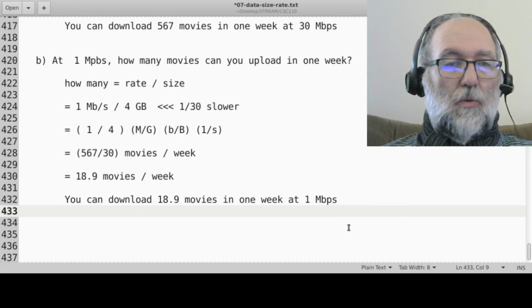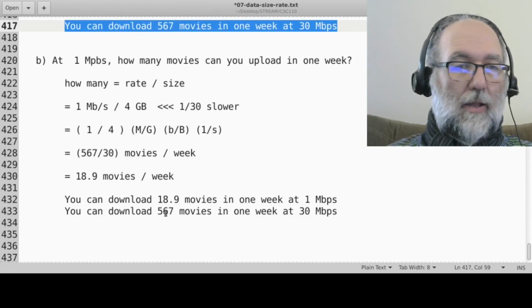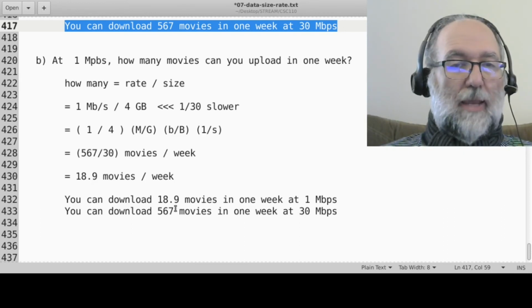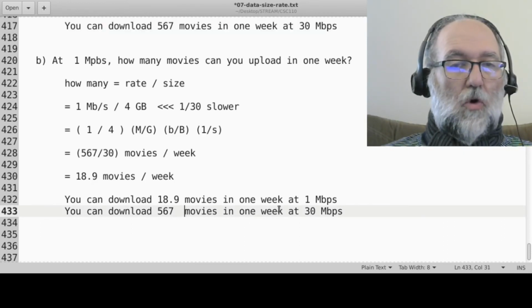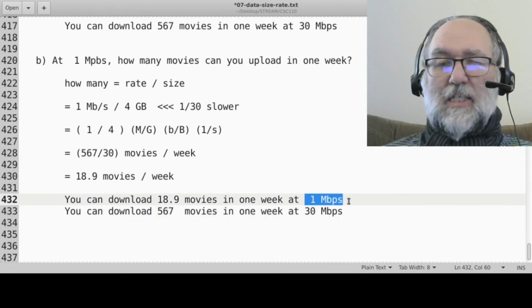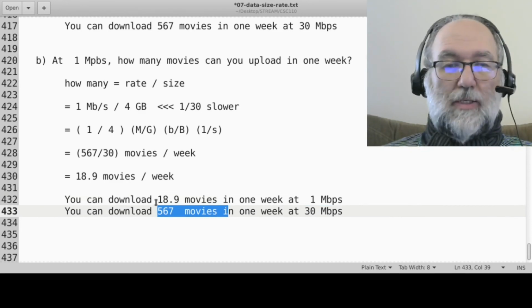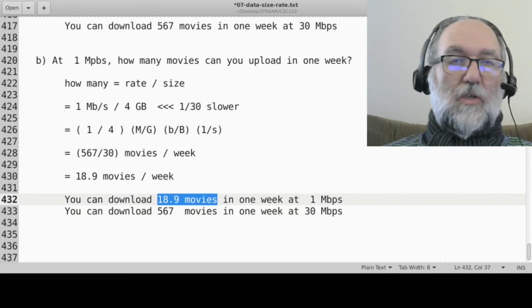Well, let's just put these two statements side by side, okay? Take a look at the two statements, all right? So over here, this speed is 30 times faster than that speed, okay? So you get 30 times as many movies as you do at the slower speed.